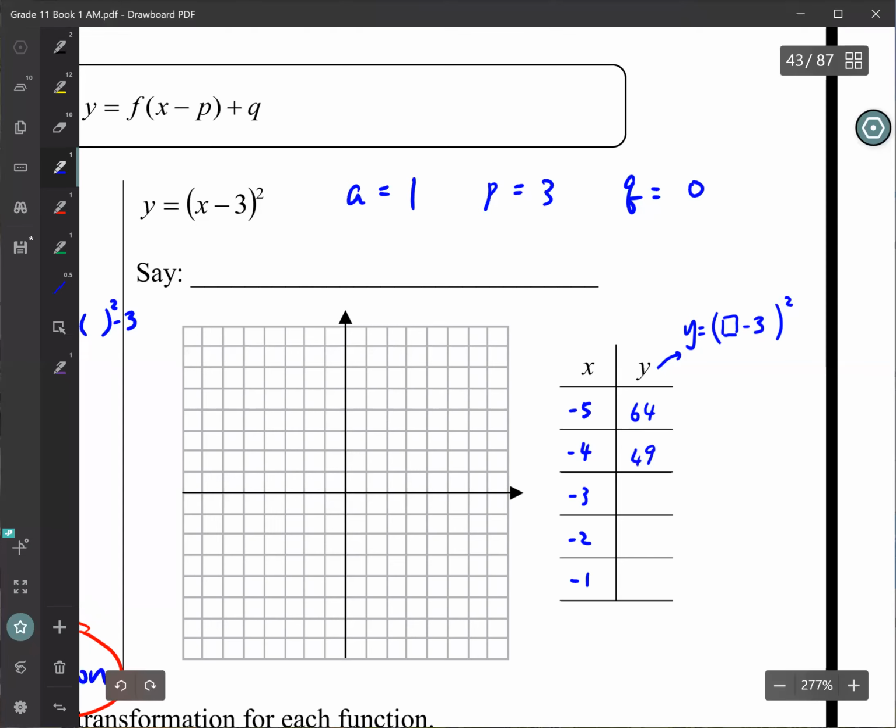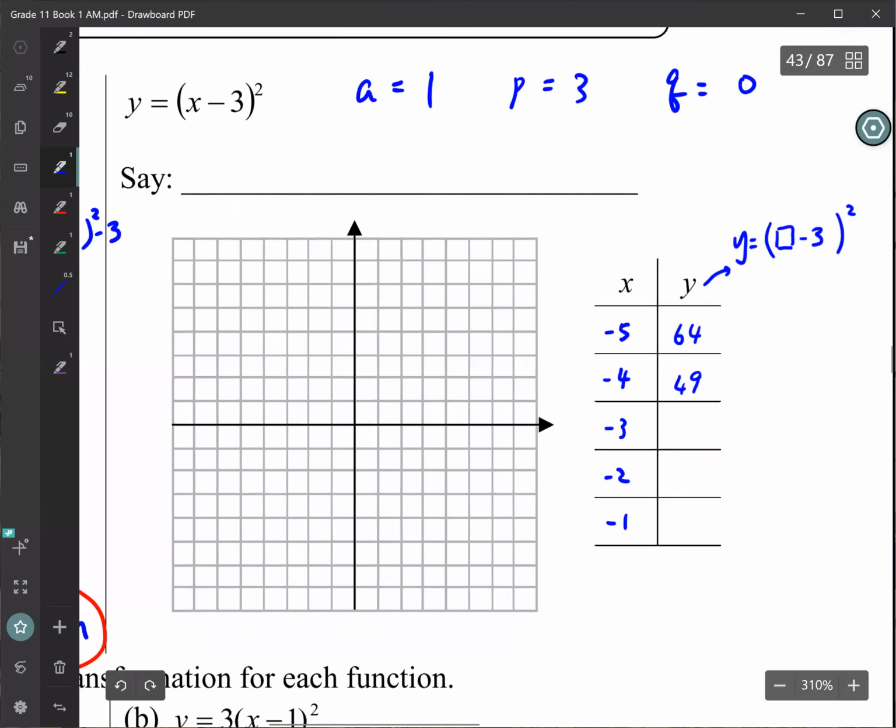Those numbers are really big, so of course it won't fit in the grid here, okay? Please raise your hand if you finish the table. Just the table.